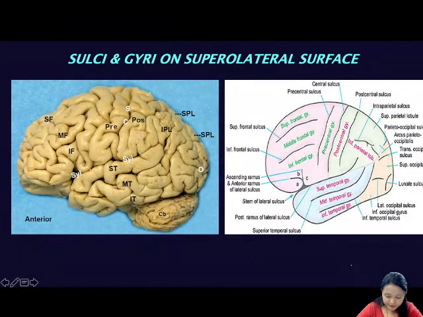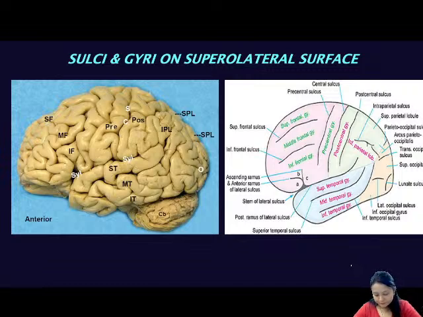Next, let us study a little bit about the sulci and gyri. In the superolateral surface, you can see certain sulci and gyri. The largest one is the central sulcus.